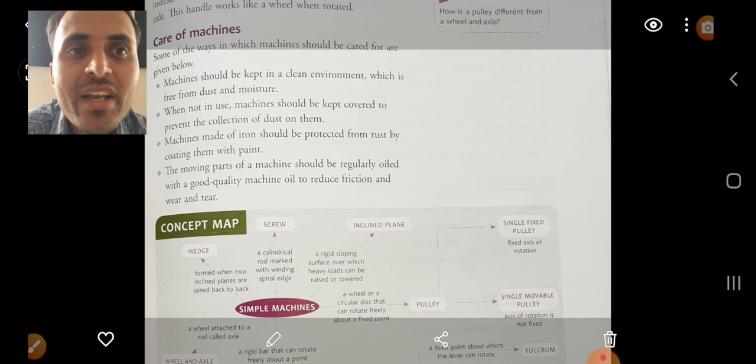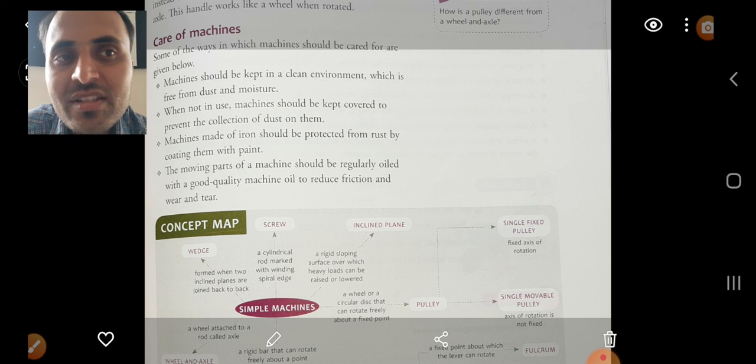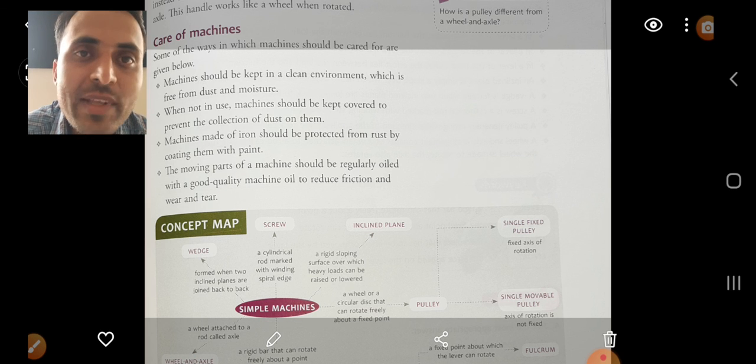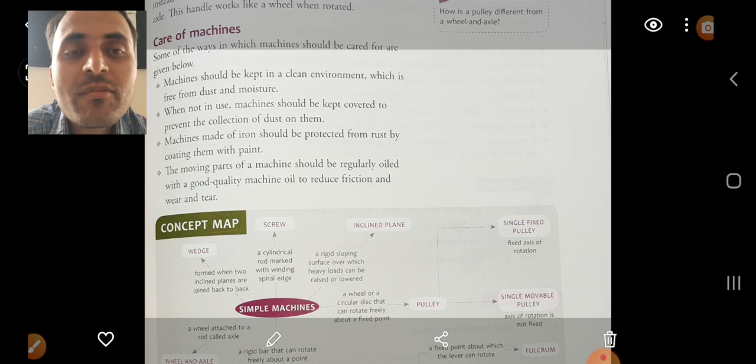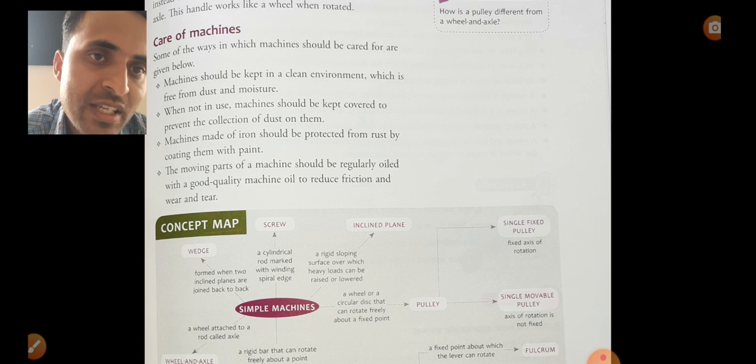Machines made of iron should be protected from rust by coating with paints and varnishes. And finally, the moving parts of the machine should be regularly oiled and lubricated with good quality machine oil, to reduce friction, wear and tear.